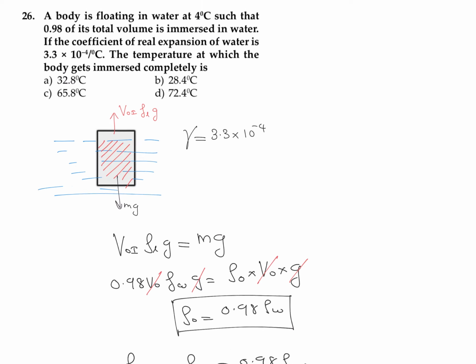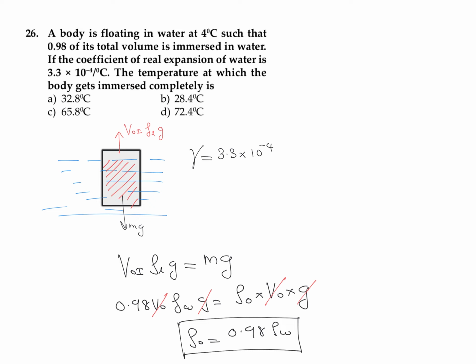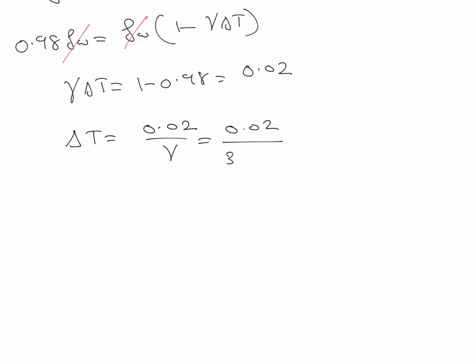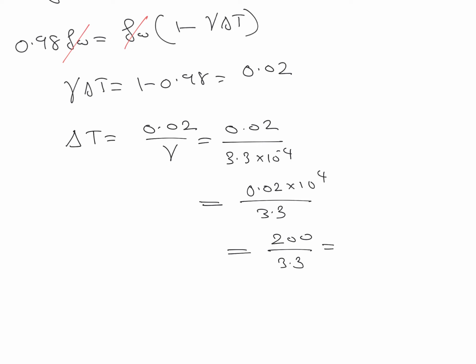The value of gamma is given in the question as 3.3 into 10 raised to minus 4. So delta t is 0.02 divided by 3.3 into 10 raised to minus 4, which is 0.02 into 10 raised to plus 4 divided by 3.3, or 200 divided by 3.3, which is 60.60.